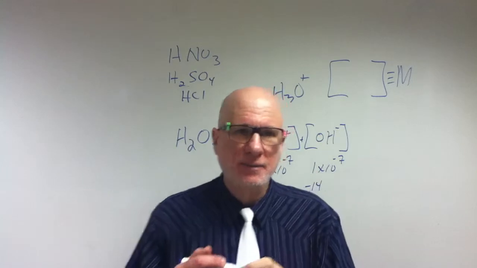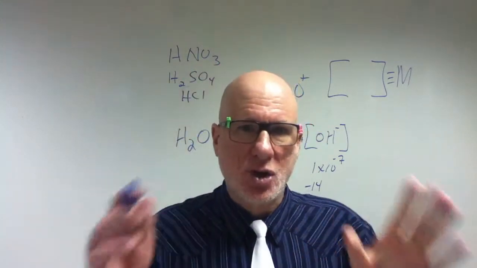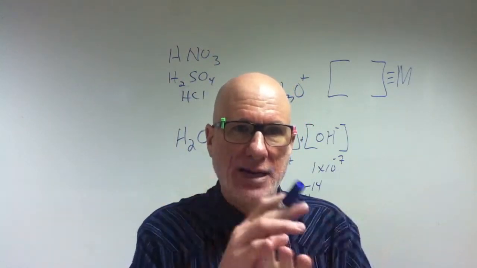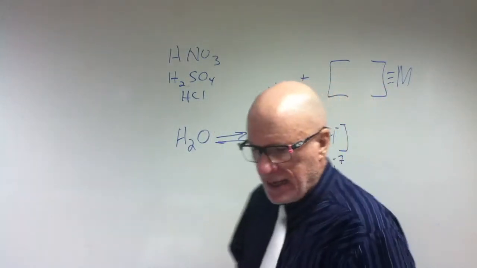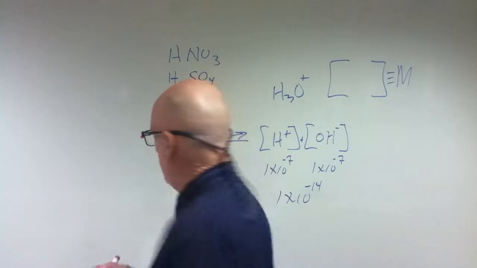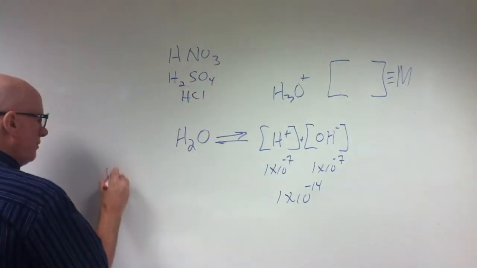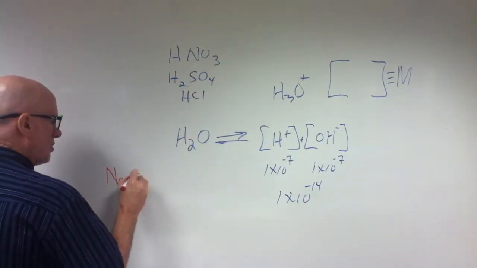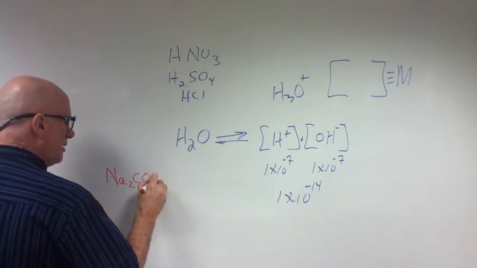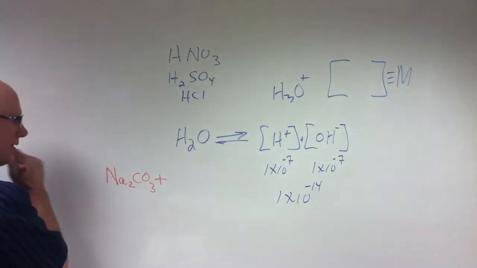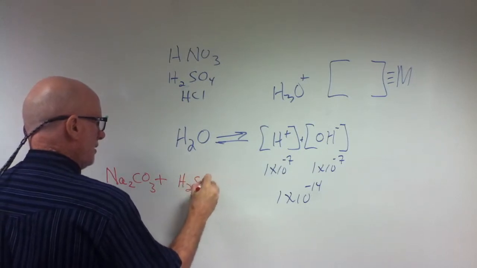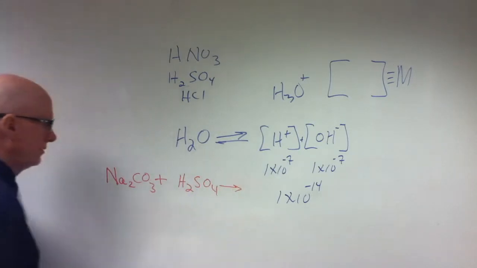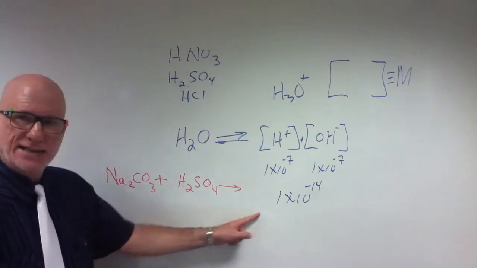So when you combine a salt and a weak acid, let me explain. If you take sodium carbonate and mix it with sulfuric acid, I'm going to put the products down here.